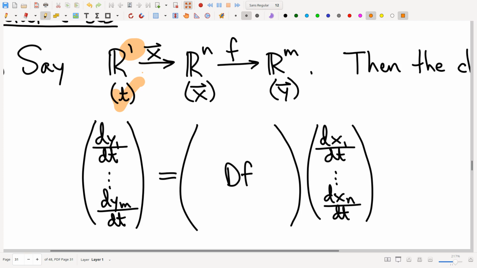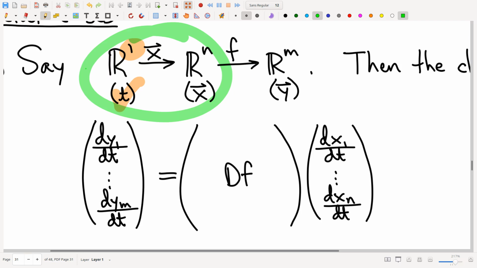So this is a composition of two functions, right? We've got the first function and then the second function, but only one initial variable. So what does that do? How does that show up in how the chain rule gets written down? Well, let's think about this first function here. We have position in Rn as a function of a single variable.